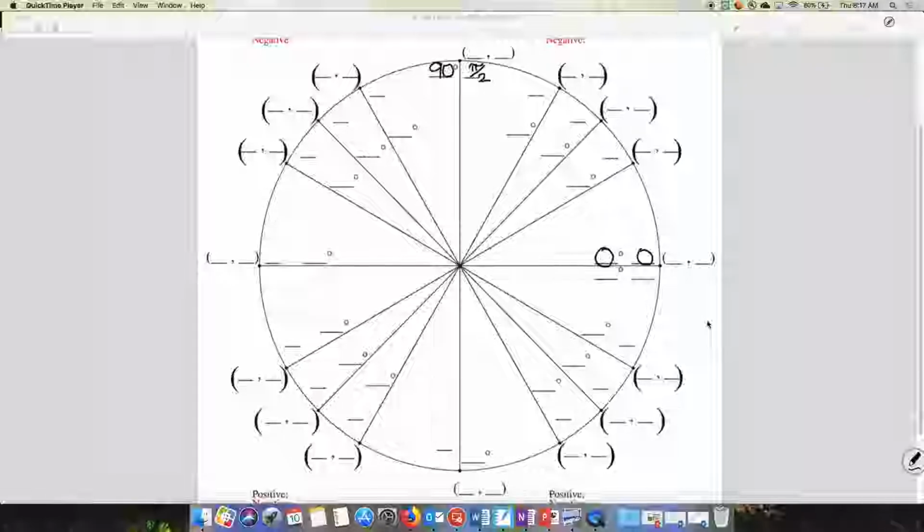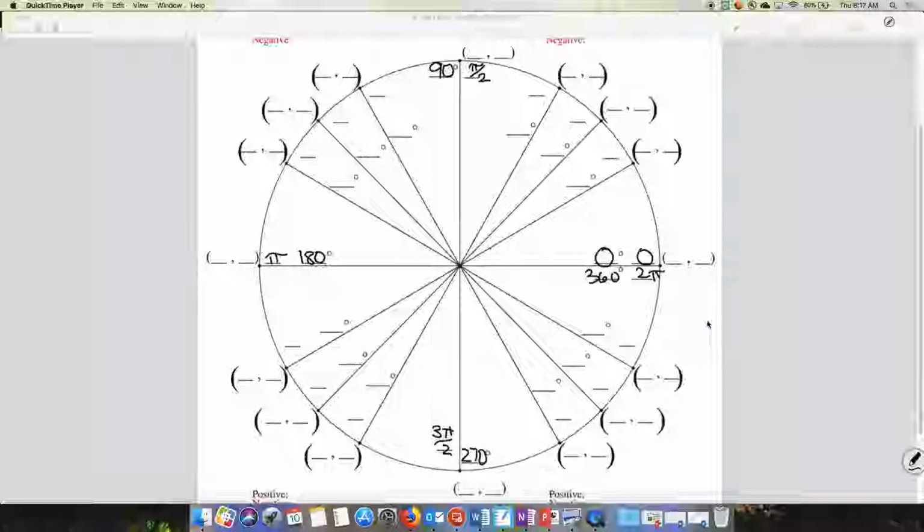Okay. Over here, 180 degrees or pi radians. Negative y-axis, we have 270 degrees or 3 pi over 2. And then a full rotation would be 360 degrees or 2 pi.